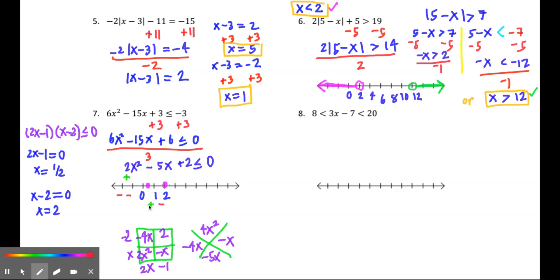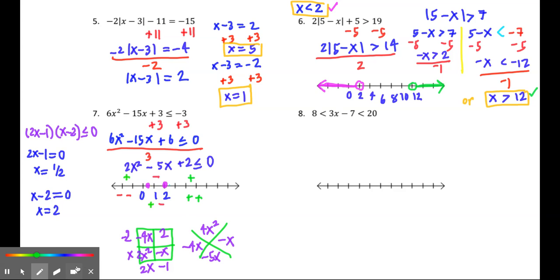And a positive times a negative is negative overall. And then here, if we want to test something like 3. So if we plug in 3 into this parentheses, we'll get positive. And then if we plug in 3 minus 2 into this parentheses, we'll get positive. And a positive times a positive is positive overall.